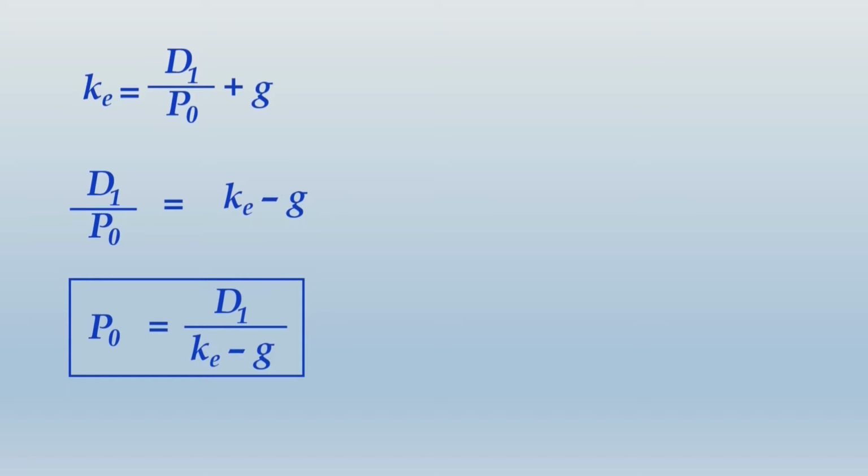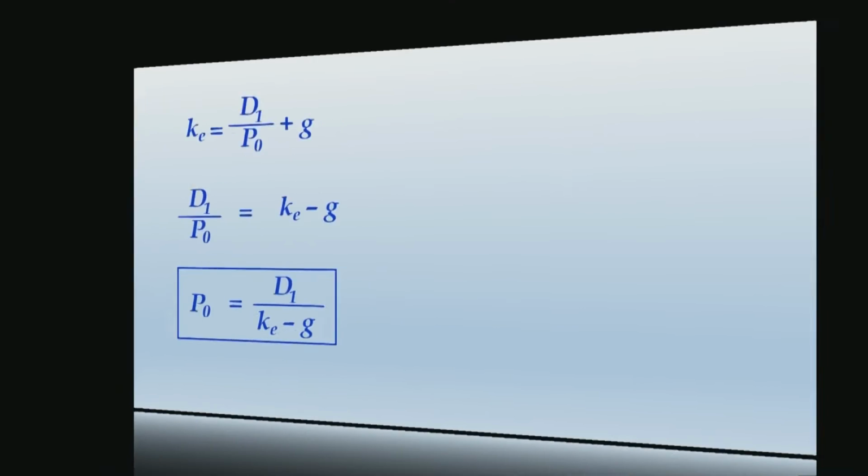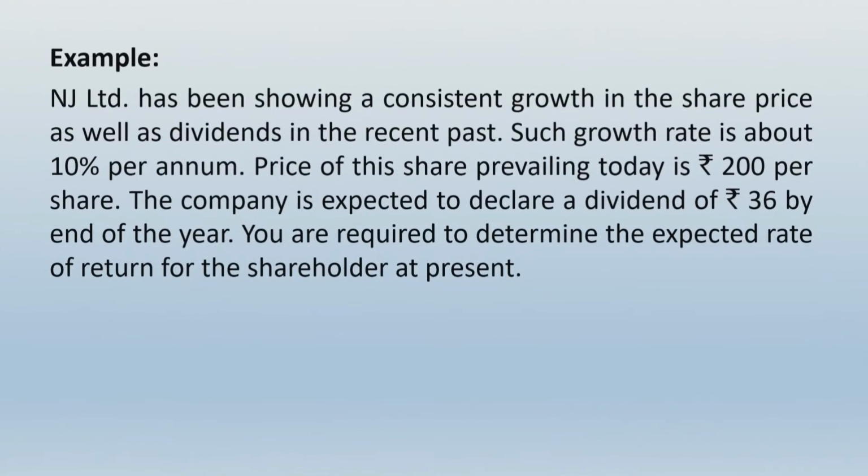Let us now move ahead and take up a very good example so that we can understand the solution of such calculative examples logically as well as through application of different versions of the formula. Now if we read this example, what is given? NJ Limited has been showing a consistent growth in the share price as well as dividends in the recent past.